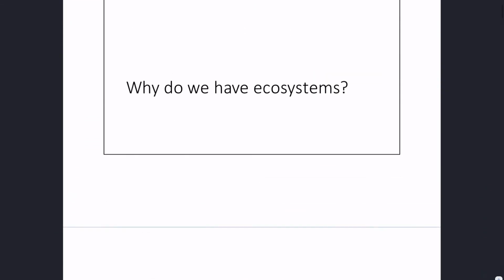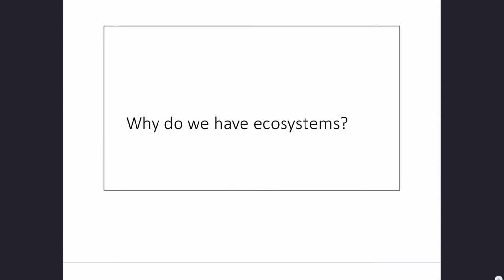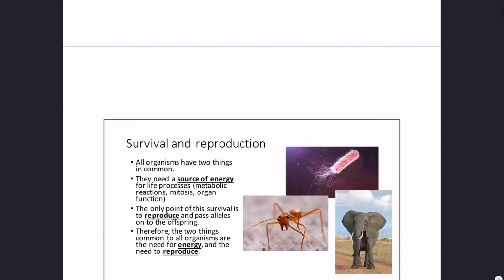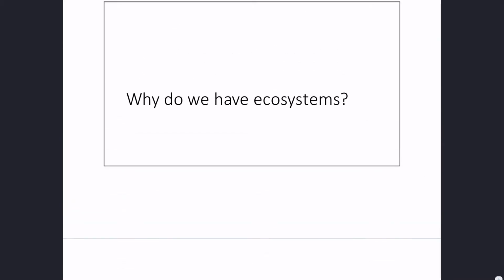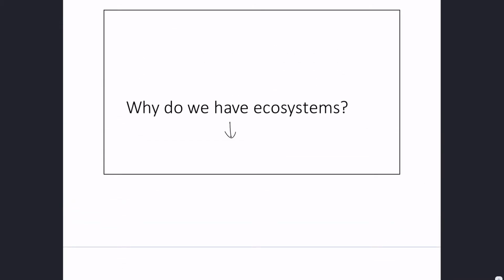So then we talked about this key question about what an ecosystem is. And it's just to get you to appreciate why the ecosystem looks the way it does, what are the characteristics of different ecosystems and why. Okay? So this is to answer this basic first question: why do we have ecosystems?